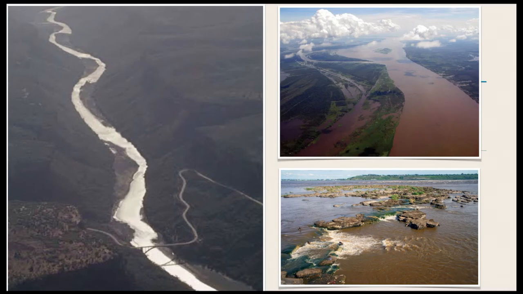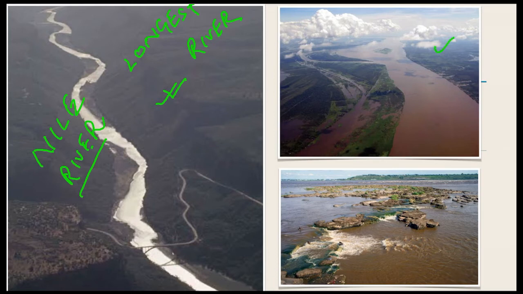Here you can see 3 pictures. This picture is of the longest river in the world. Can you name this river? This is the longest river. And this river is Nile. This is the Nile River. It is the longest river in the world. Here, this is the widest river in the world.